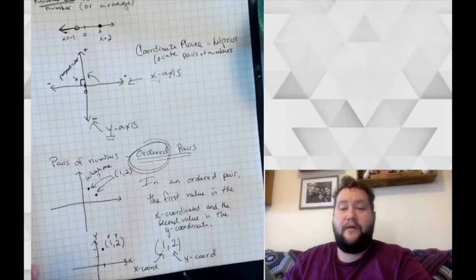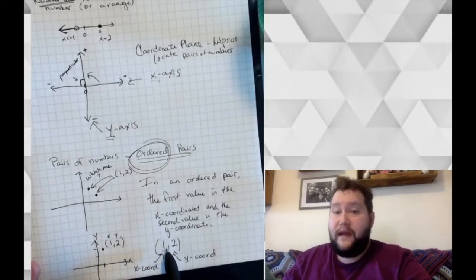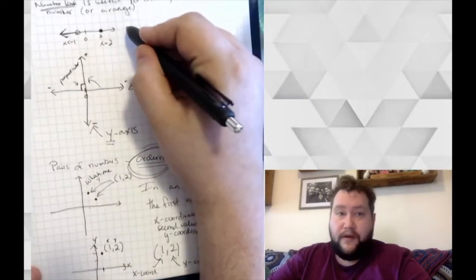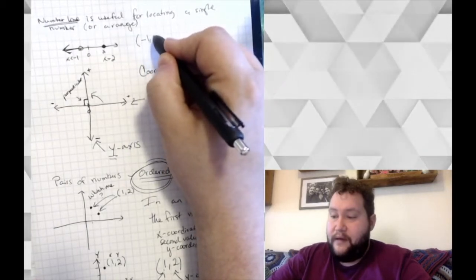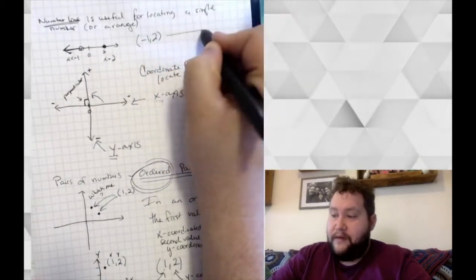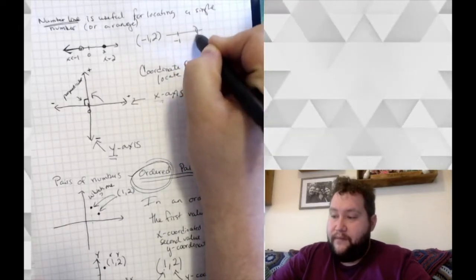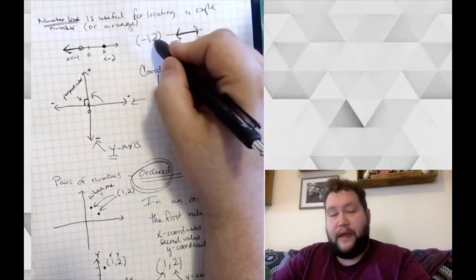And I want to point out that an ordered pair looks kind of similar to, say, up here on our number line, -1, 2, right? If we wanted to mark the range between -1 and 2, we would write it that way.